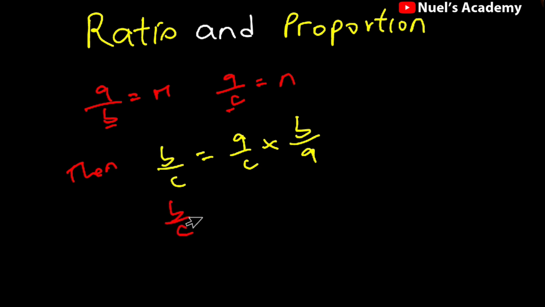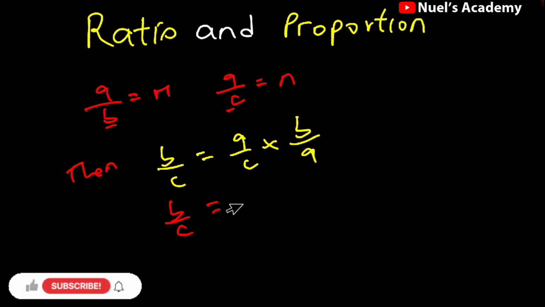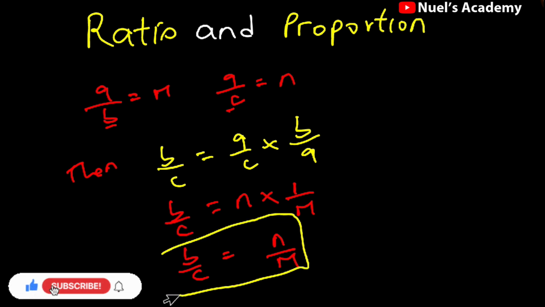B over C is equal to A over C, which is N, multiplied by B over A, which is the inverse of M, right? A over B is M, B over A is 1/M. So we have N multiplied by 1/M. Then B over C will be equal to N/M. This is another point you need to know.